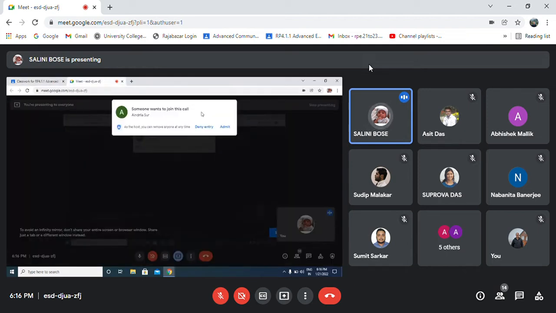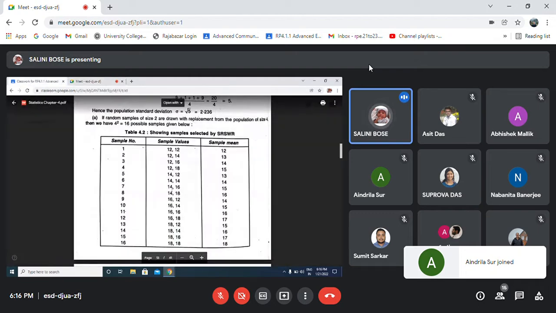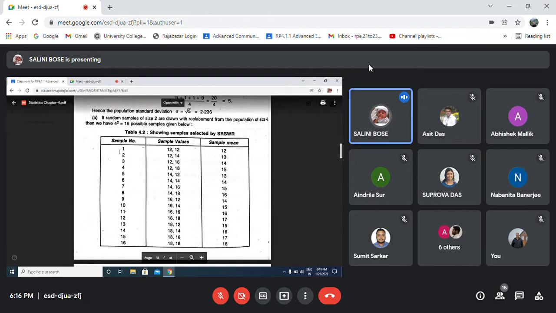So how many samples have we got in total? We have got 16 samples, and each sample is of size 2. Clear?